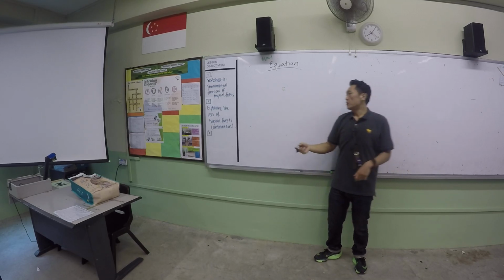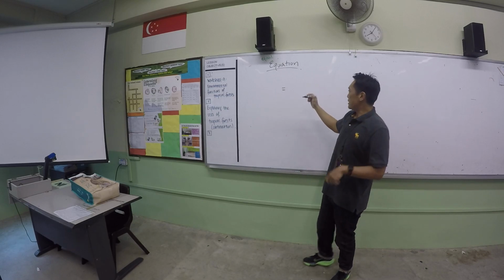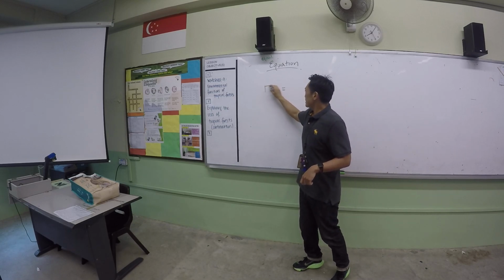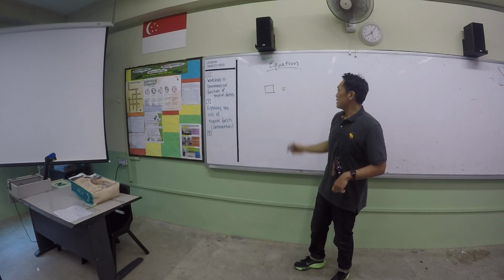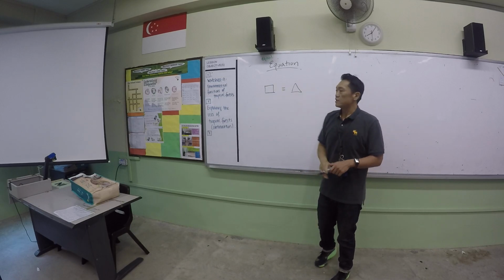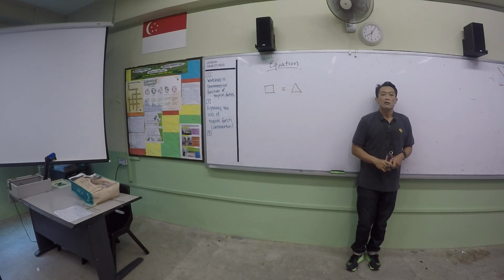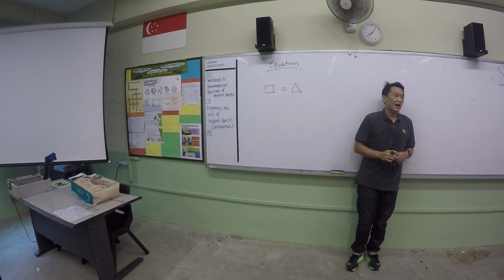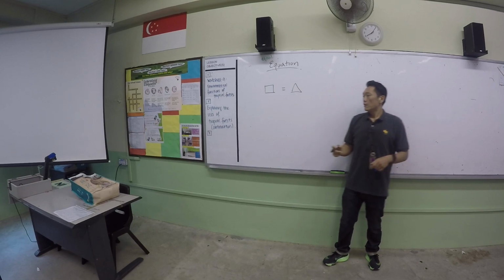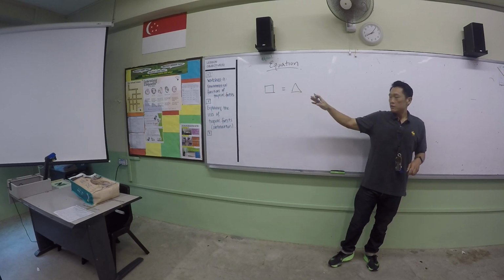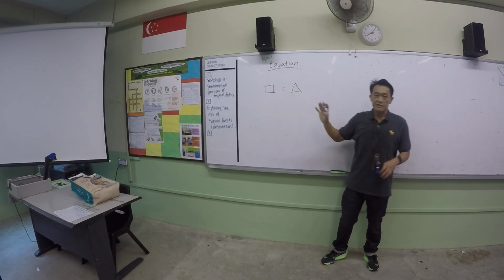So let us look at this from another angle this time. Let's say I have a number here. I have a number here. I don't tell you what is the number, but at least you know the two numbers are the same. So left and right, they are the same, right?